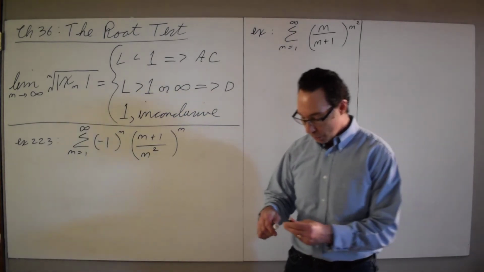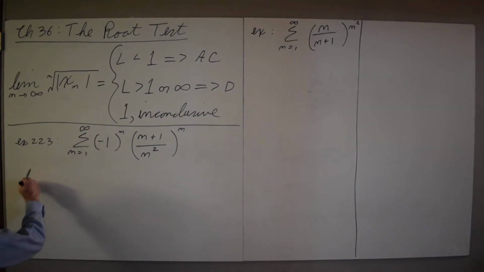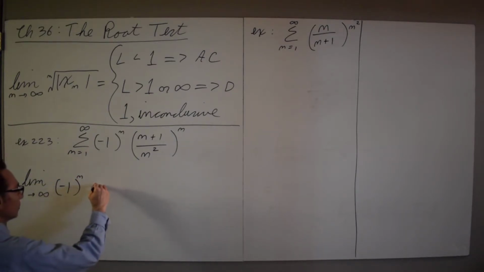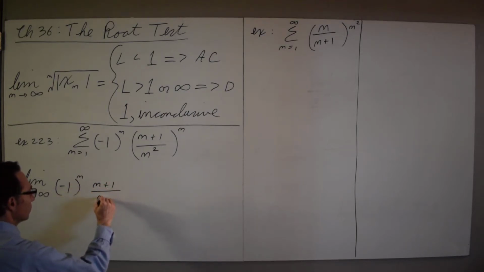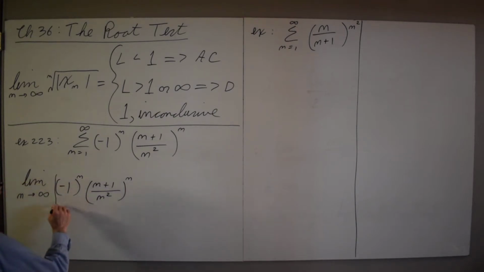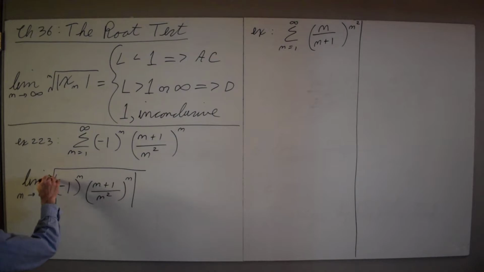And so to apply the root test, we will take the limit as n goes to infinity. So we'll take the absolute value of the terms, calculate the absolute value, then we take the nth root.